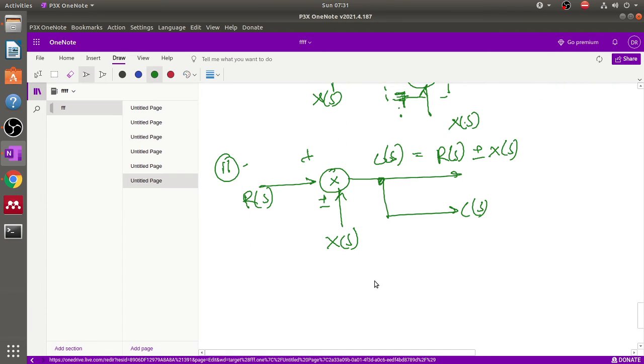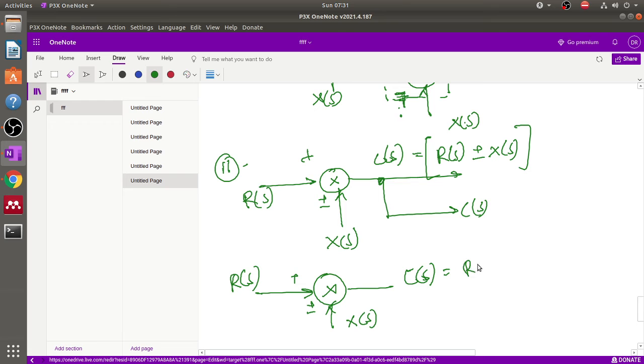Now you shift this takeoff point. First of all we should note that the output is Rs plus minus Xs. Okay, so now for the first output, this is Rs. Here we apply our signal plus minus, here we apply Xs. So in the first output, the signal is Rs plus minus Xs.